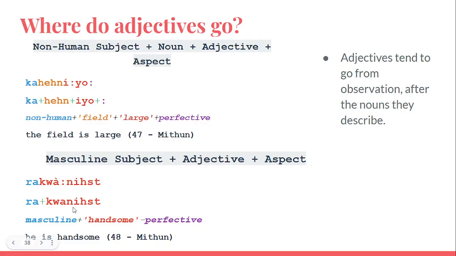Like waquast, it is good. The wa is basically an it in this case. But there, raquanist, you have to say quan after ra, because ra is the only stem that they have for the masculine, or to represent a man.